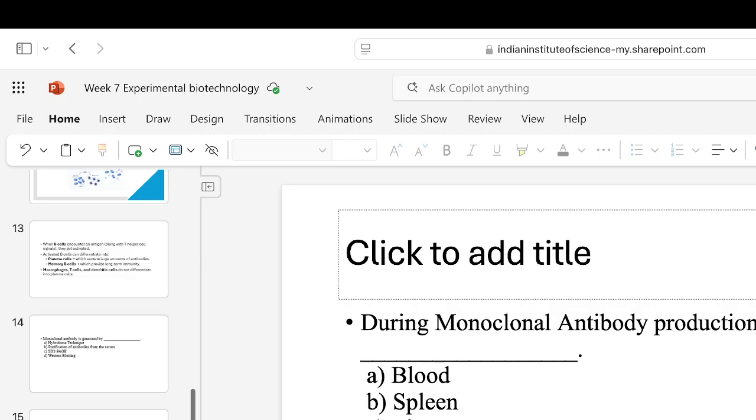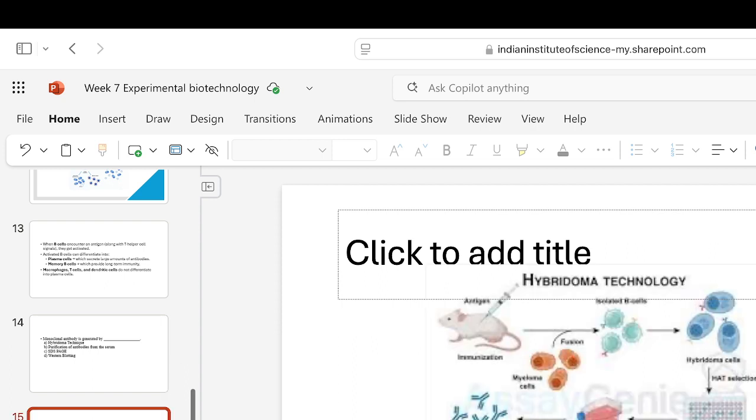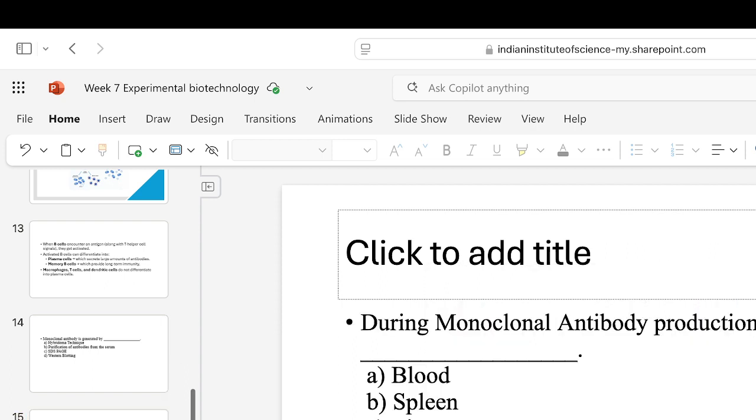Okay, does anyone know where these B cells that are used for monoclonal antibody production are isolated from?